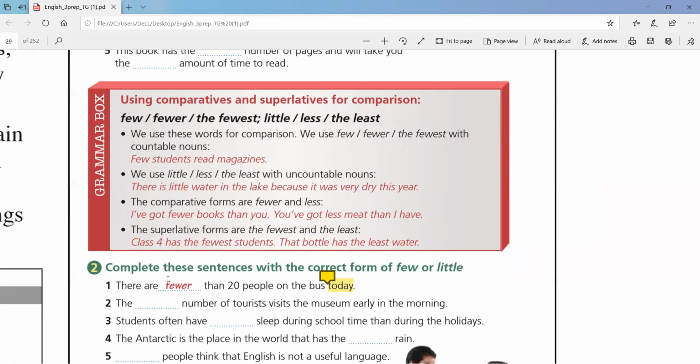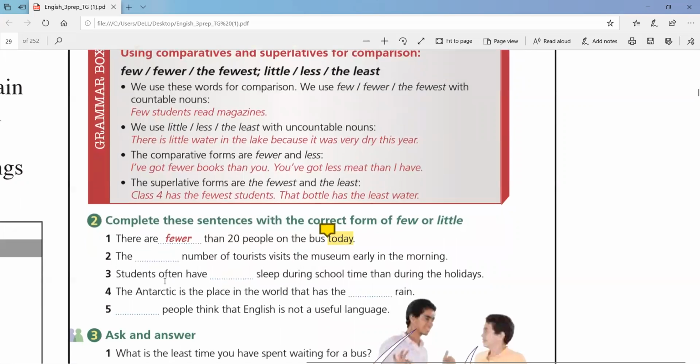We use fewer with countable, less with uncountable. I have got fewer books than you. The comparison here is between two. You've got less meat than I have. Meat here is an uncountable noun.